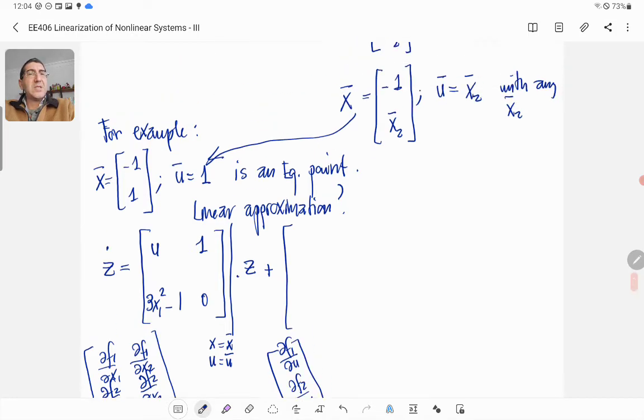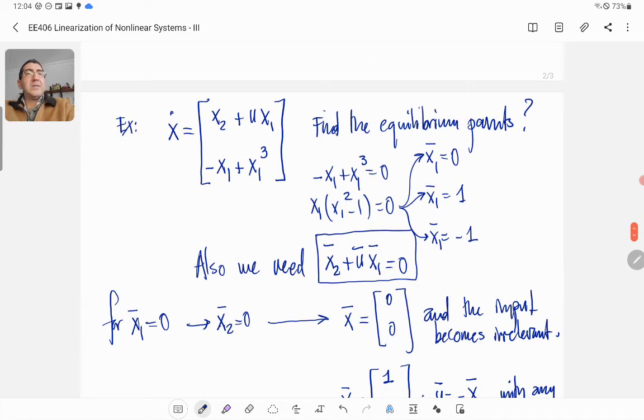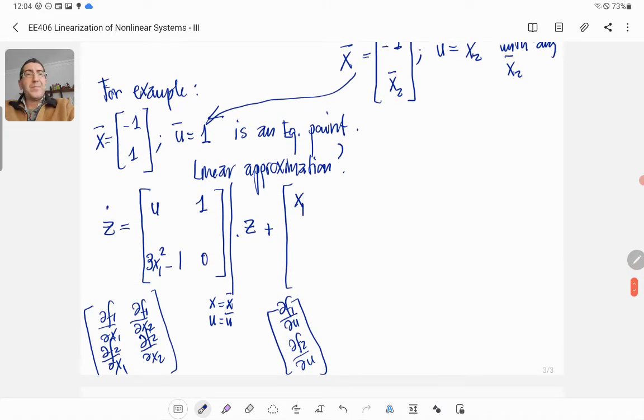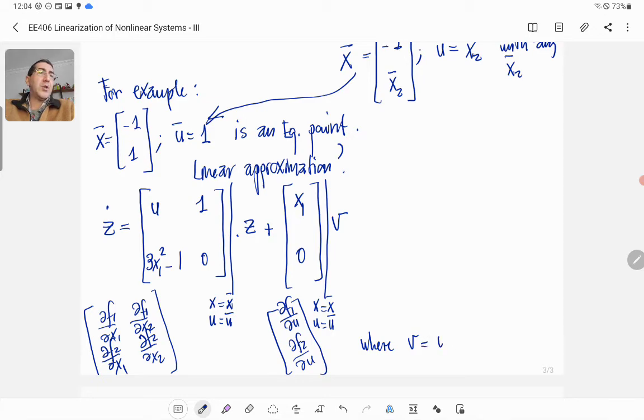Let's take a look. Here, df1 over du, I get x1, and similarly I get 0 over there. This needs to be evaluated again at x equal to x bar, u equal to u bar, and times v, where v is equal to u minus u bar, by definition.